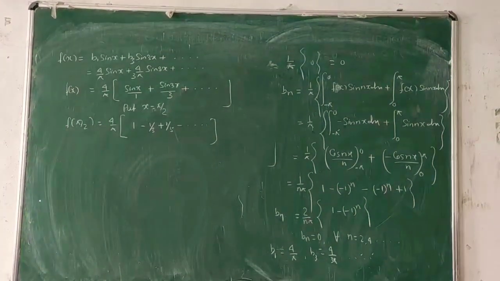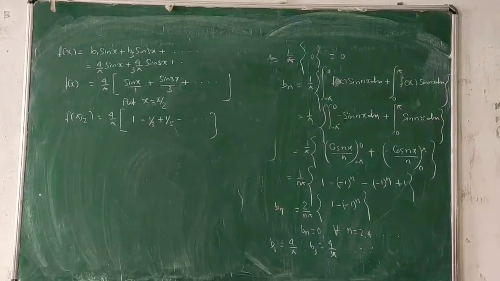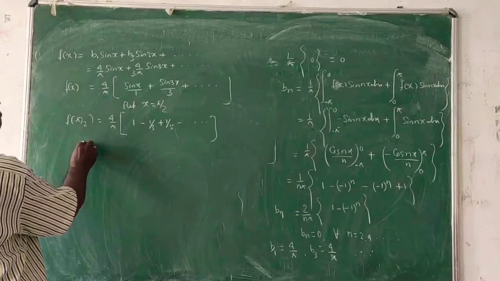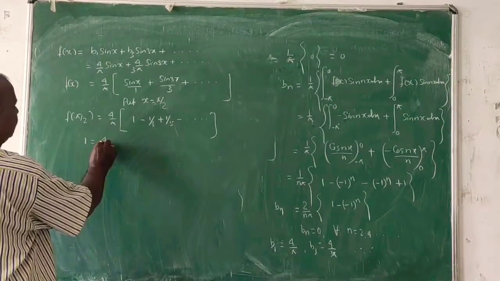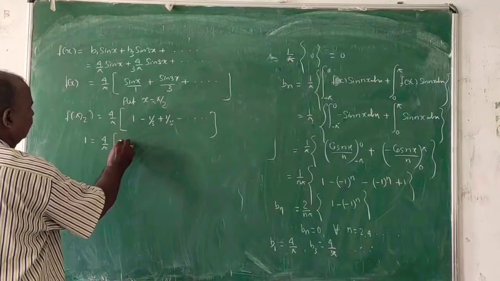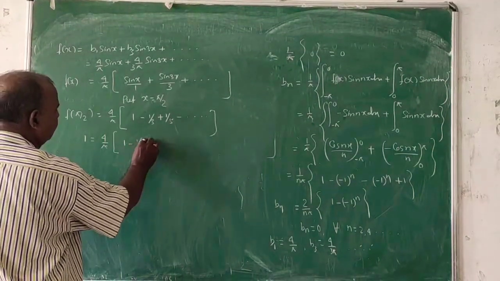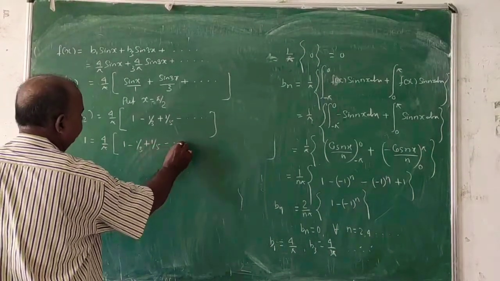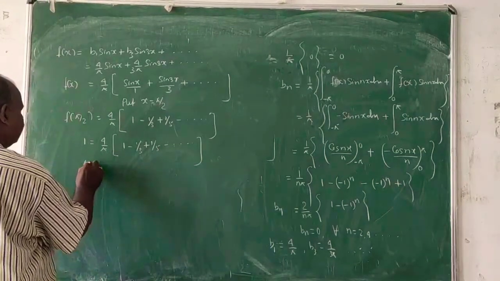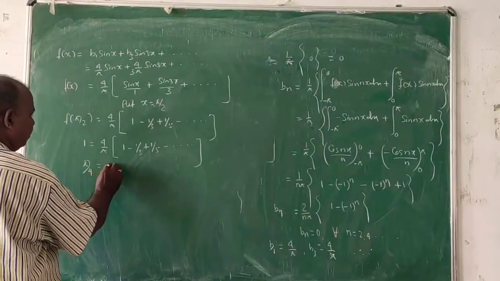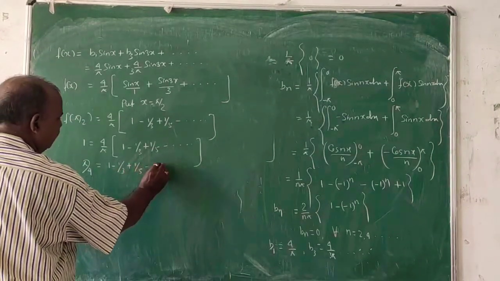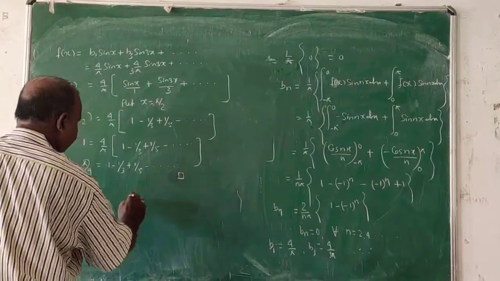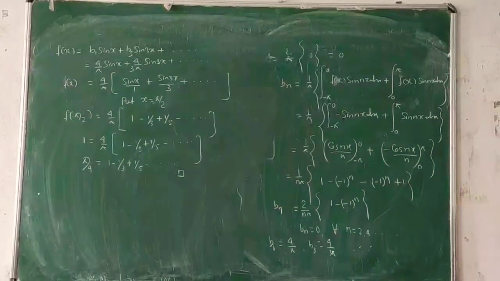This is coming under the range 0 to pi, so this becomes 1. That means 1 is equal to 4 by pi times 1 minus 1 by 3 plus 1 by 5, and so on. We are getting pi by 4 is equal to 1 minus 1 by 3 plus 1 by 5 and so on. This is true, so this proves the result.